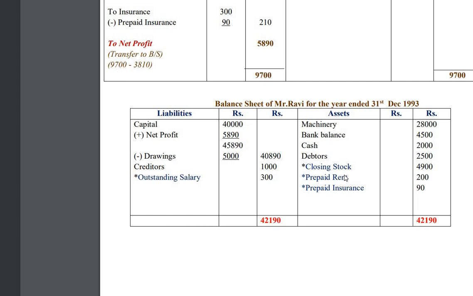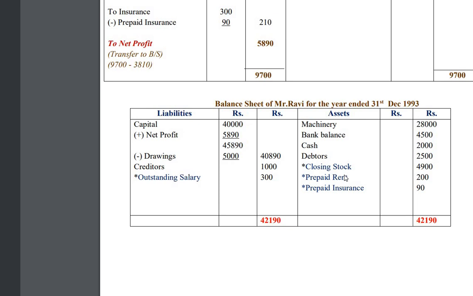If there is a net profit, it has to be added to the capital account. In the problem they mention drawings. Drawings means the amount which is taken by the proprietor for his private use. So this amount should be deducted from the capital amount.